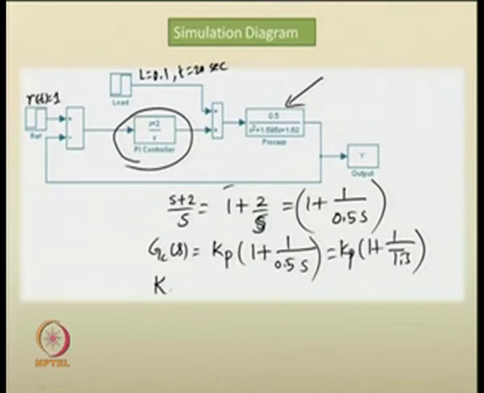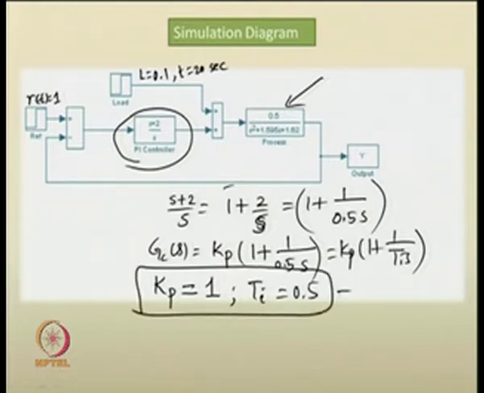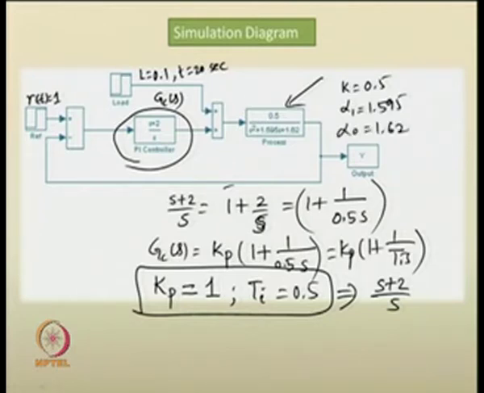So, I can say that I have designed a PI controller where the proportional gain is 1 and the integral time constant equals 0.5, giving us a PI controller in the form of (S plus 2) by S. Okay. So, this is how we have realized the PI controller GC(S) for the process having parameters k equal to 0.5, alpha 1 equal to 1.595 and alpha 0 equal to 1.62.